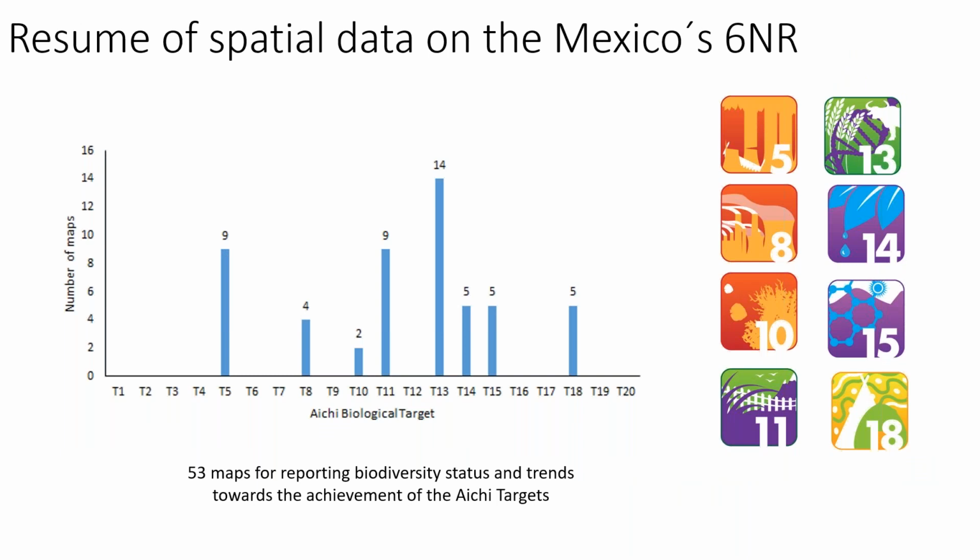We elaborated 53 maps for reporting biodiversity status and trends related with Aichi Targets 5, 8, 10, 11, 13, 14, 15, and 18, and the Aichi Target with the highest number of maps is 13, followed by Target 5.